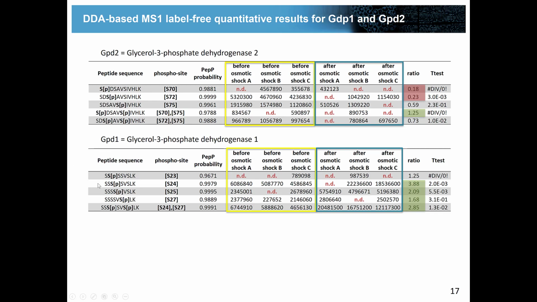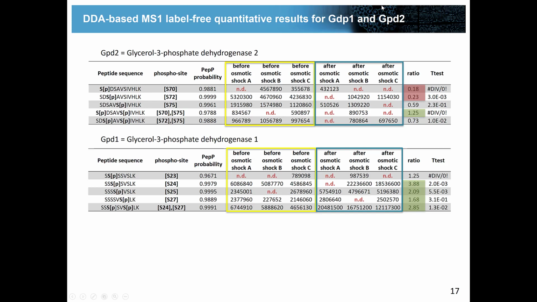And for GPD1, the situation was even more complicated. This peptide sequence had 5 serine residues, with 4 of them in a row directly next to each other, and then the 5th one. I could identify and quantify 4 different singly phosphorylated versions, plus 1 doubly phosphorylated form. When you look at the quantitative information that I got from this shotgun data, you can see that I got some missing values for these different phosphopeptides, a typical problem.